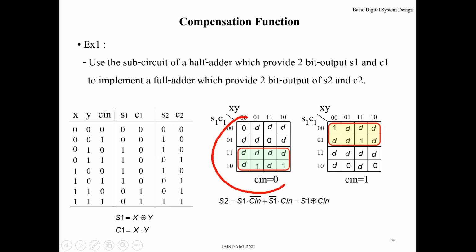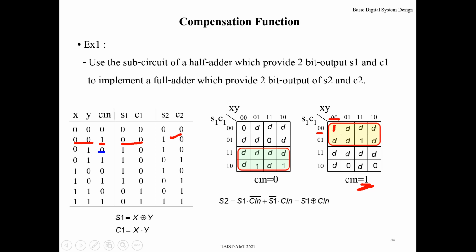For this set, carry in is 0. For this set, carry in is 1. For example, when your input is 0, 0, 1, 0, 0, the output is 1: XY is 0, 0, S1 C1 is 0, 0, carry in is 1 at here.